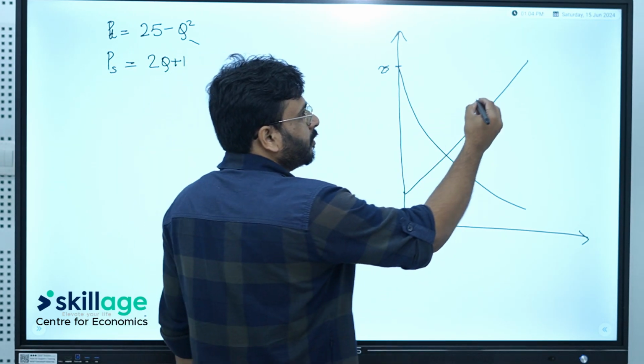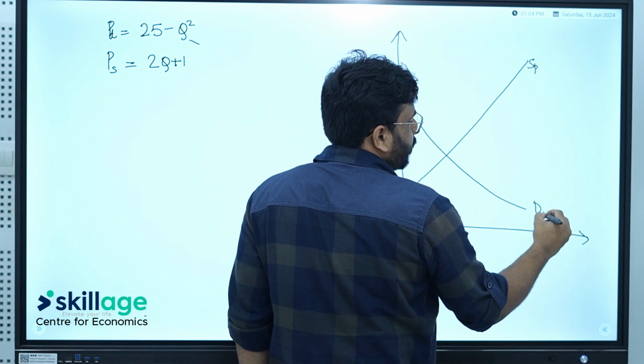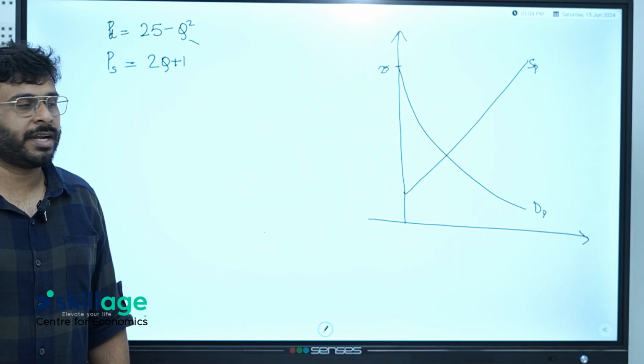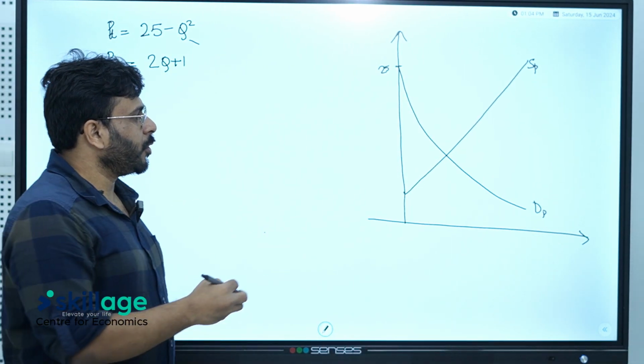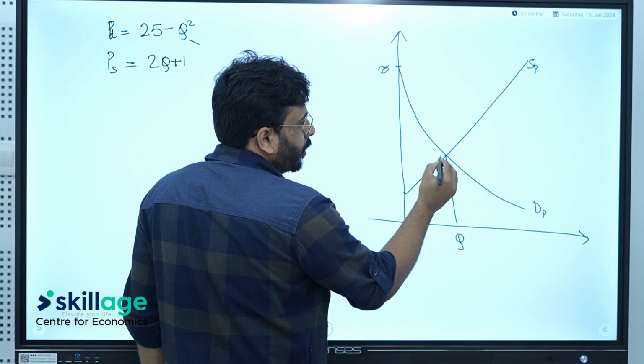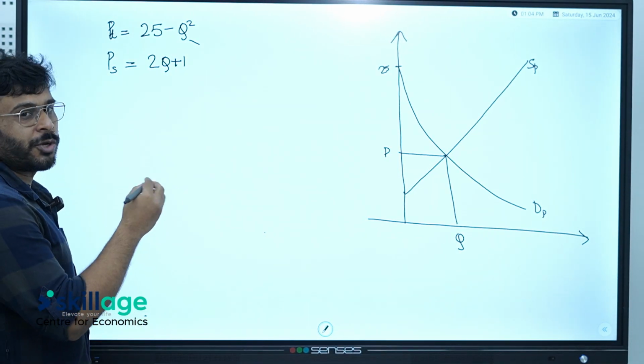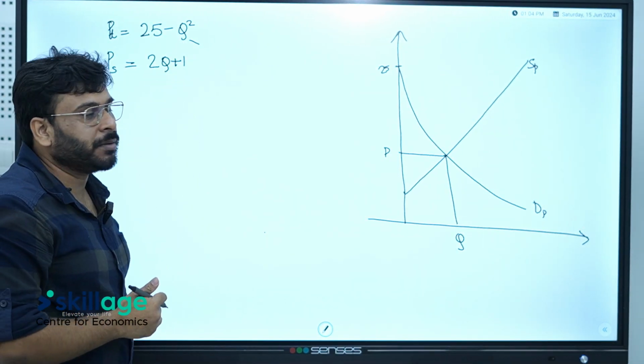So this is your supply function, this is your demand function, right, that's given. Now what we need to find is, what is your equilibrium quantity and what is your equilibrium price, right. For that, all you need to do is just keep it equal.